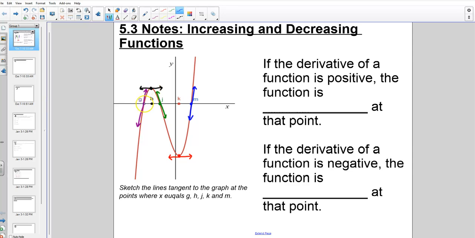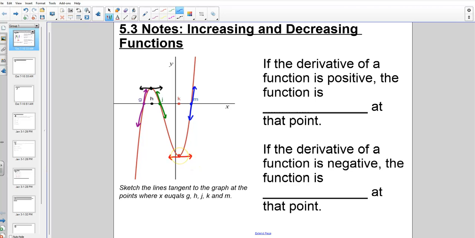What do you notice about your tangent line right here? It has a positive slope, right? Then when I get to this point right here, what's my tangent line? 0. Then from H to K, what's my function doing? Decreasing. What do you notice about the tangent line? It is decreasing, which means its slope would be negative, right?